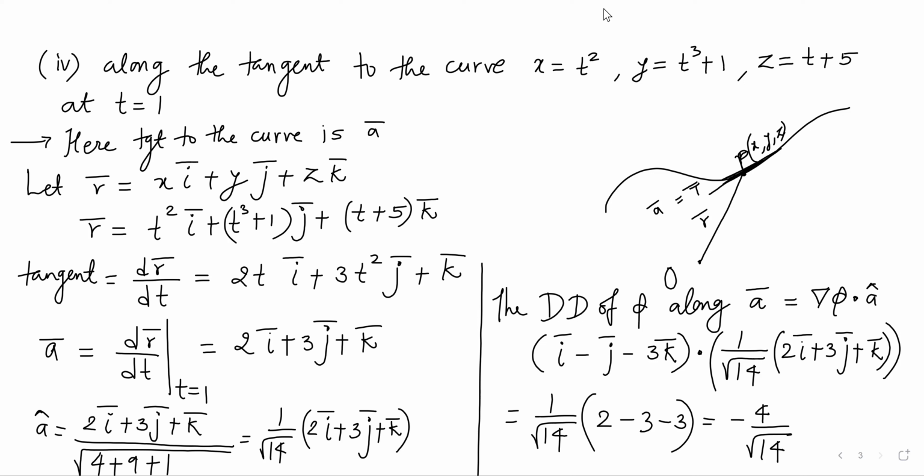So this way we are getting the answer for this variety of questions. I fixed compulsory 1 5 and we have seen 4 types of questions here.